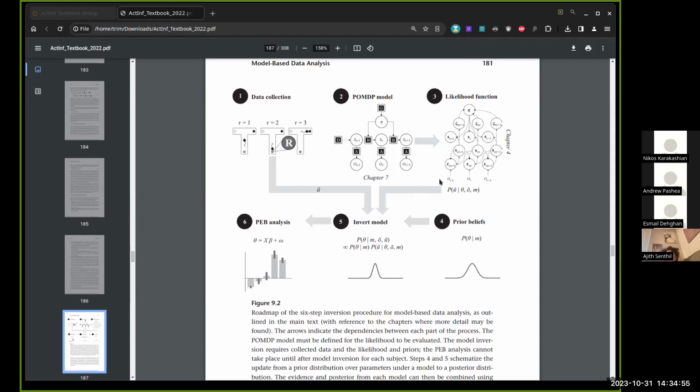And then if the behavioral scientist can specify this likelihood model and a prior belief distribution, we can invert what it is that the subjective cognitive model is doing to recover differences or patterns amongst parameters for different individuals or times or contexts.